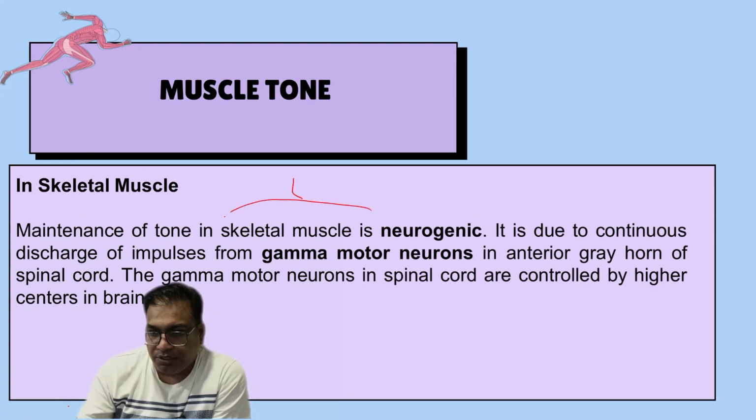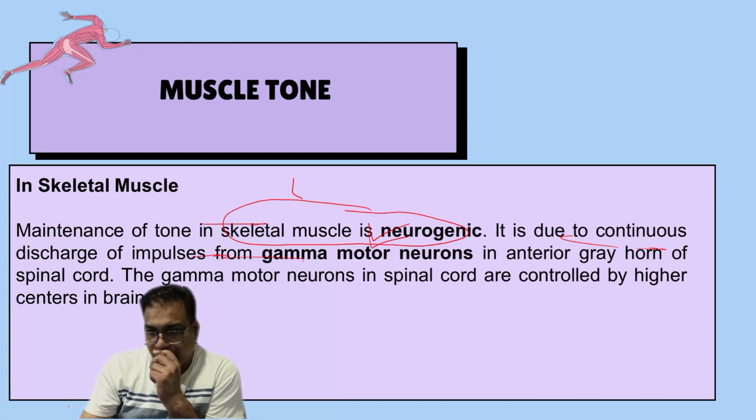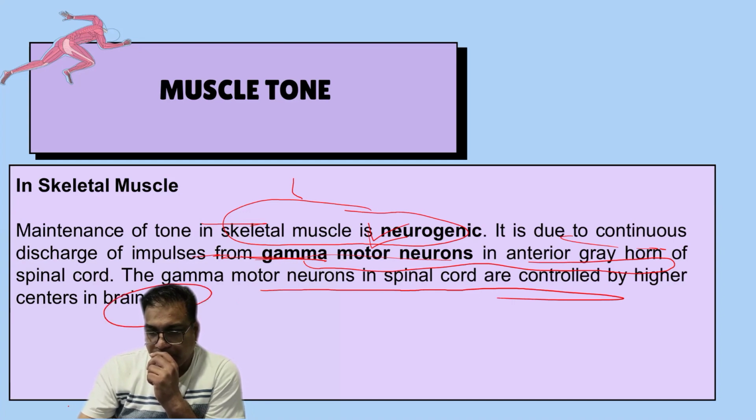In skeletal muscles, this minimum contraction is neurogenic in nature, because there is a continuous discharge of impulses from gamma motor neurons in the anterior gray horn of the spinal cord. These gamma motor neurons in the spinal cord are controlled by the higher centers of the brain.